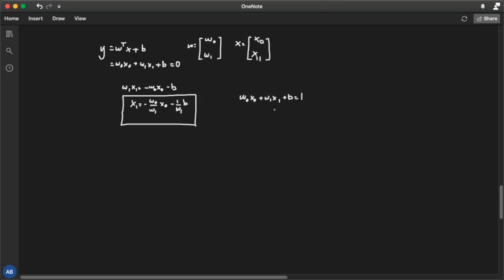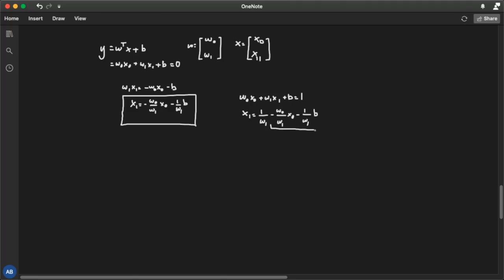Expressing x1 as a function of everything else, we get that x1 is 1 over w1 minus w0 over w1 x0 minus 1 over w1 b.